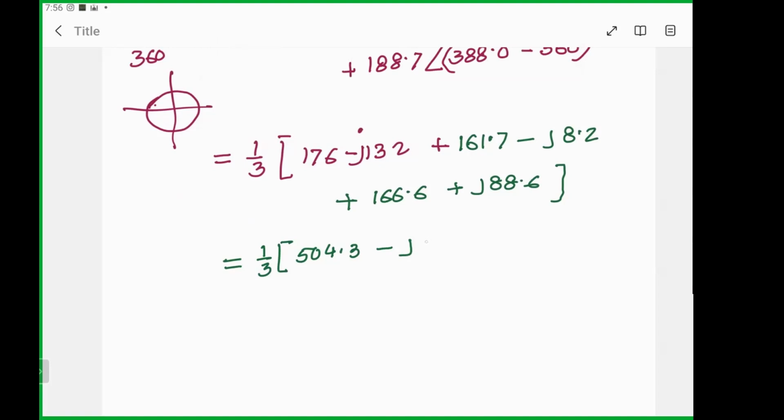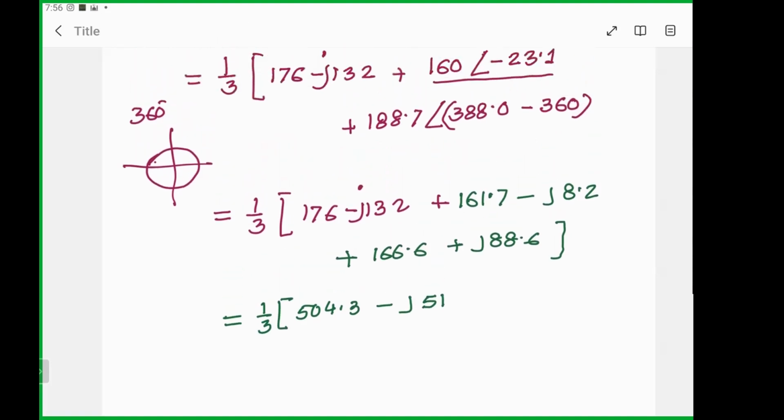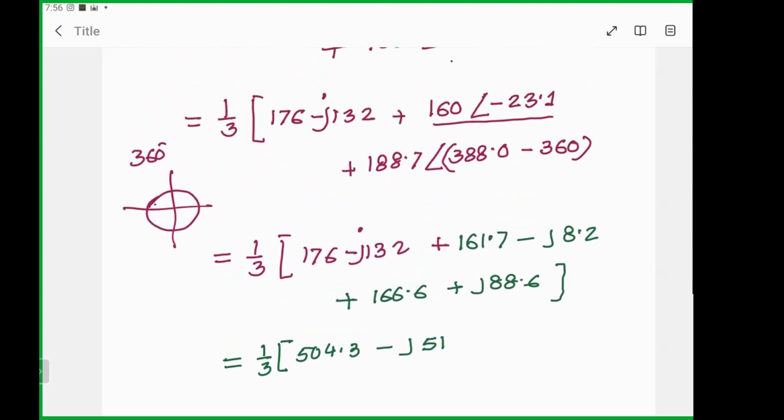The second part, which was 160 at an angle of negative 23.13. If 160 is your hypotenuse, how does it get longer? Yeah, so I think there is something wrong here. Let me just check quickly.